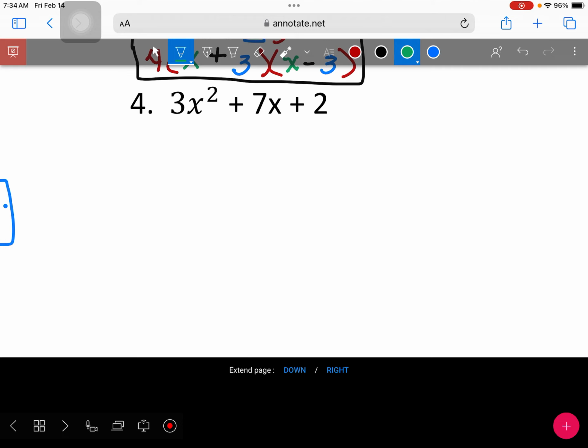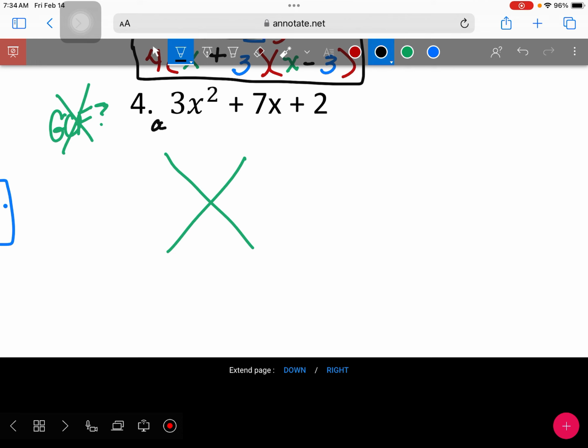So, first of all, GCF, do I have one? Survey says no. We have 2, but 2 does not go into 7 evenly. So right away, with 3 terms, I know I go to X box.